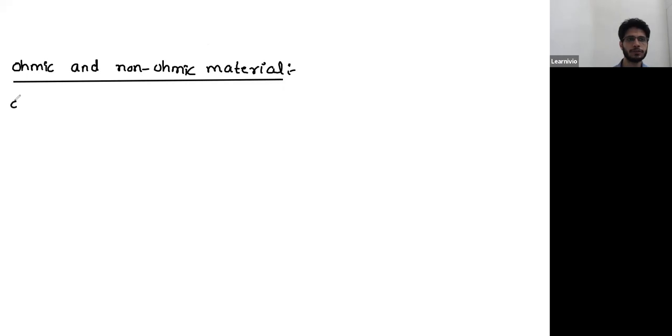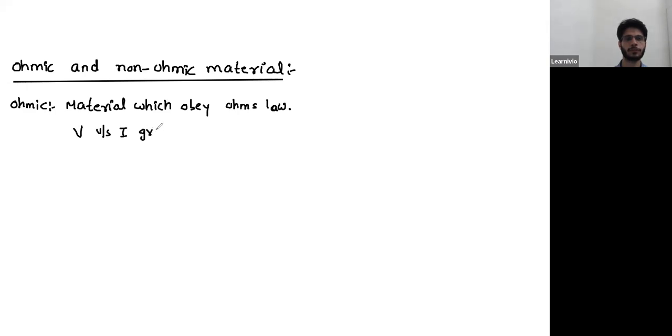So ohmic material means material which obeys Ohm's law, where the V versus I graph is a straight line. These types of materials are known as ohmic materials.